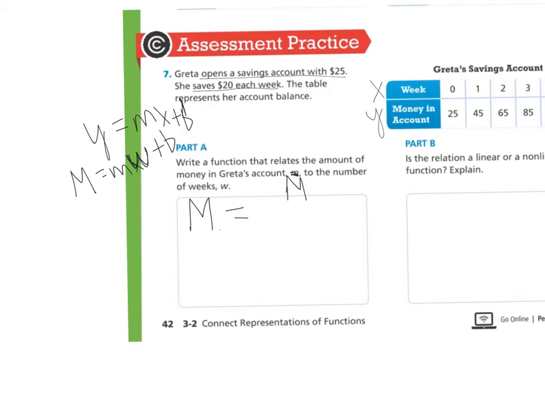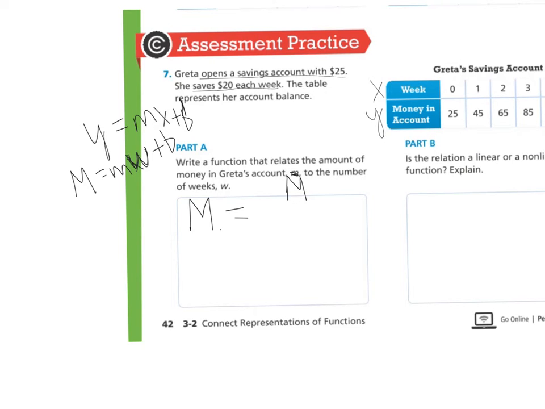Kind of a different look there. So what we could do, like we've done before, is think about what is our slope, or what's our rate of change for the savings account here? How much is the savings account changing by?